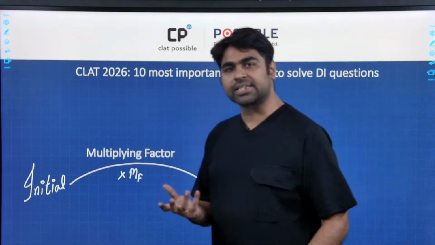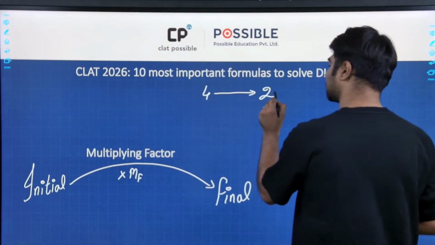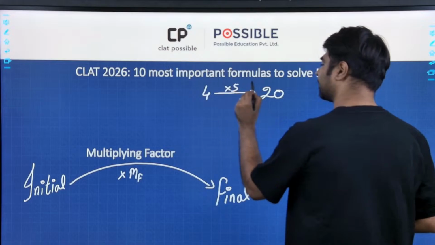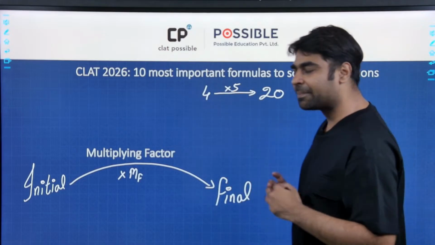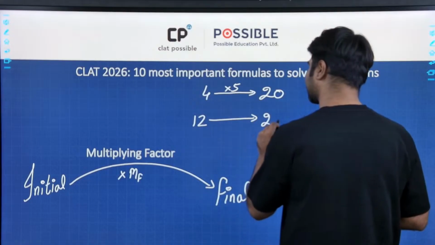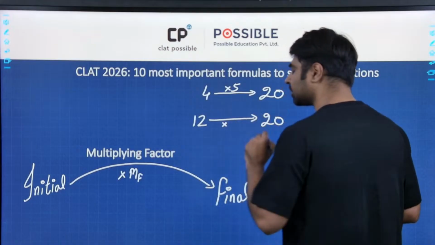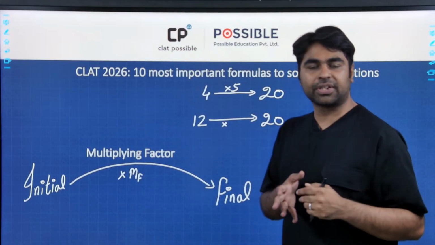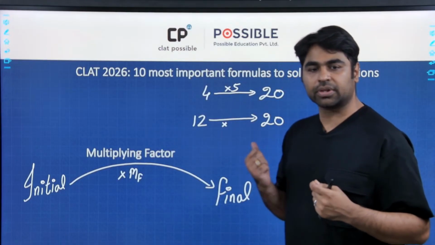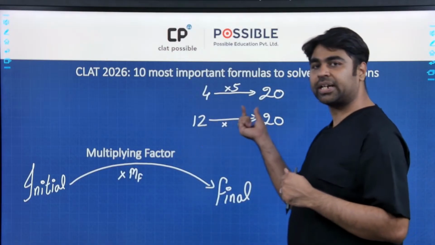A simple question I will ask: what should I multiply to 4 to make it 20? You will say, it is 5. Very easy. But if I ask you, what should I multiply to 12 to make it 20? You might take a lot of time to give the answer. But what is it? What should I multiply to 12 to get 20?